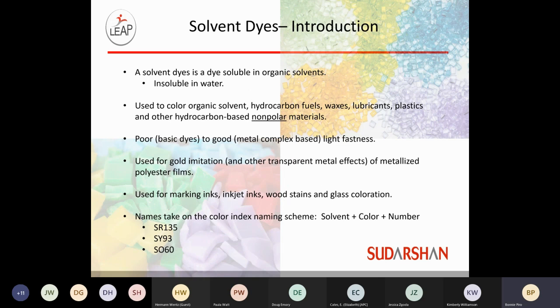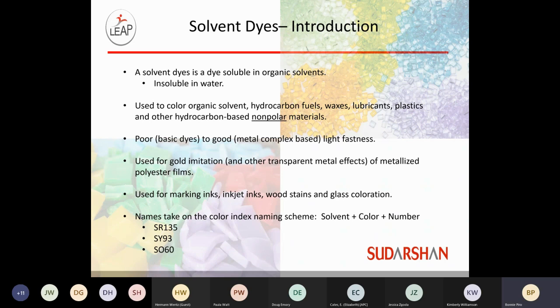So for solvent dyes, a solvent dye is, as the name implies, a dye that's soluble in organic solvents, insoluble in water. And they are used to color organic solvents, hydrocarbon fuels, waxes, lubricants, plastics, and other hydrocarbon-based non-polar materials.